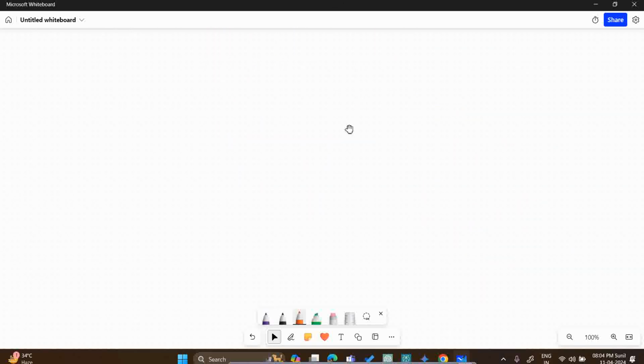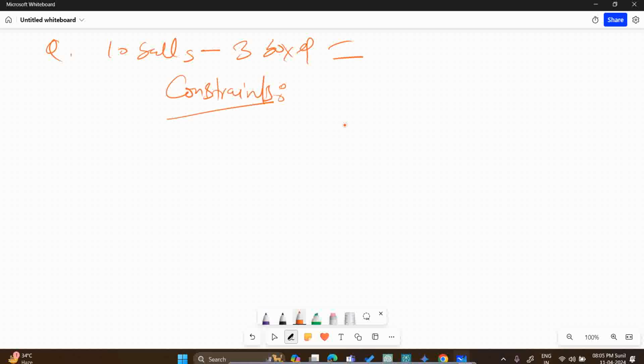Right? So next we are going to discuss, let's say the question is 10 balls and 3 boxes. The constraints here are: box 1 has greater than or equal to 2 balls, box 2 has greater than or equal to 3 balls, and box 3 has greater than or equal to 1 ball.